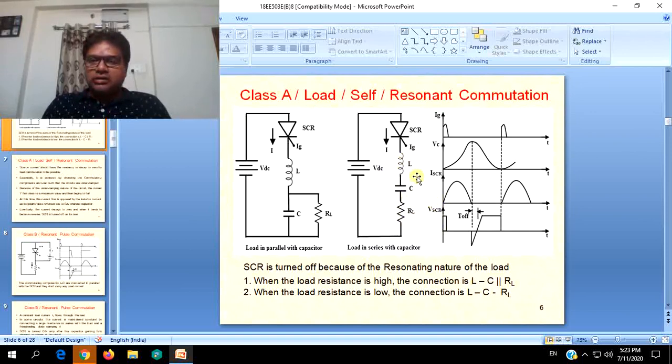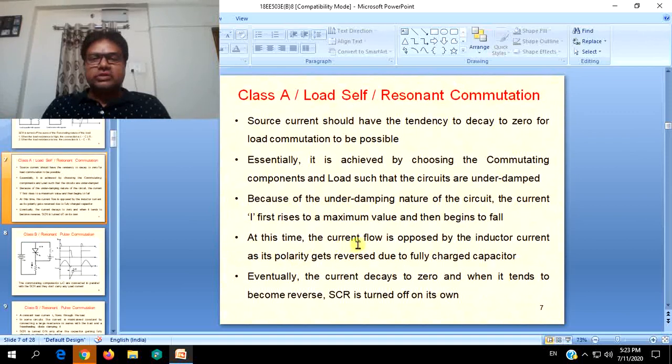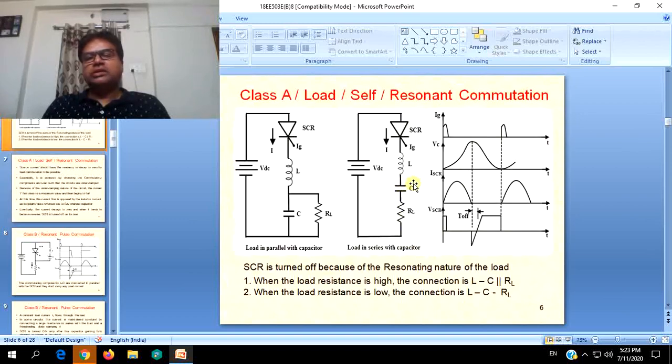These resonating values are chosen such that the current flow is opposed by the inductor current, as its polarity gets reversed due to the fully charged capacitor. That is, now when the capacitor is fully charged, it won't allow any further current. So naturally it starts to decay.